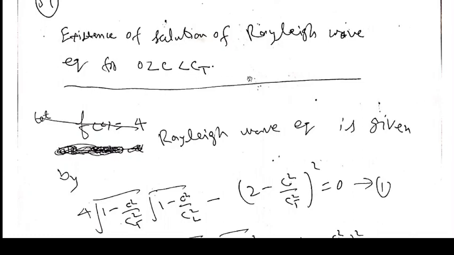What is ct? ct is the velocity of the transverse wave. So it means that we will have to show that the speed of Rayleigh wave lies between 0 and the speed of transverse wave.